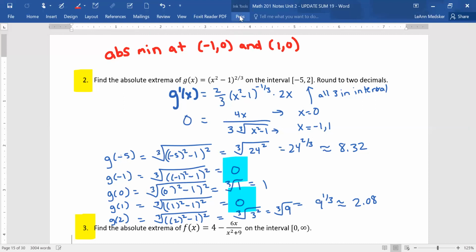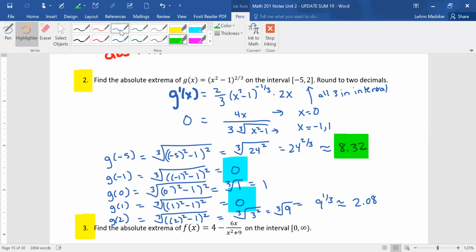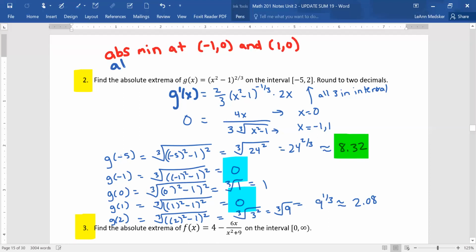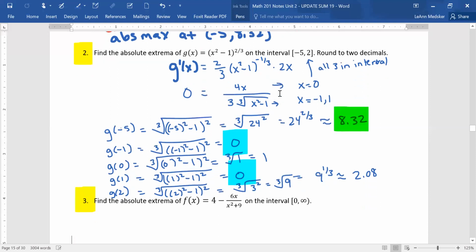And then my absolute max happens when I have this 8.32. That's the largest that this gets. So that would mean that my absolute max happens at -5, comma, approximately 8.32.